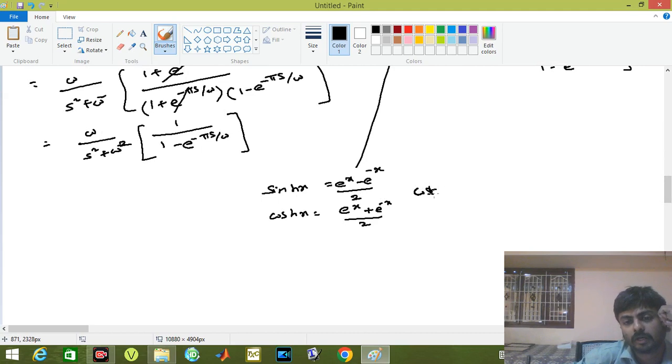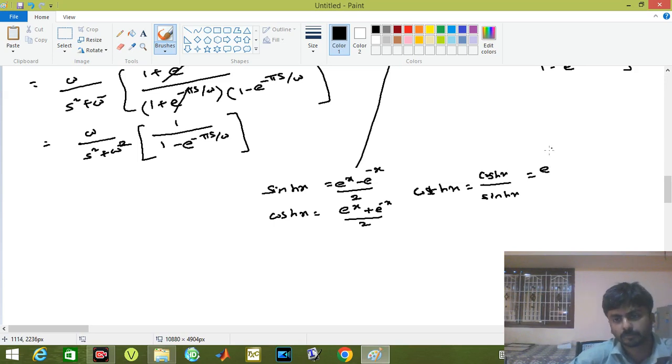Okay, you will get cot hx as cos hx by sin hx, that is equal to e power x plus e power minus x divided by e power x minus e power minus x.